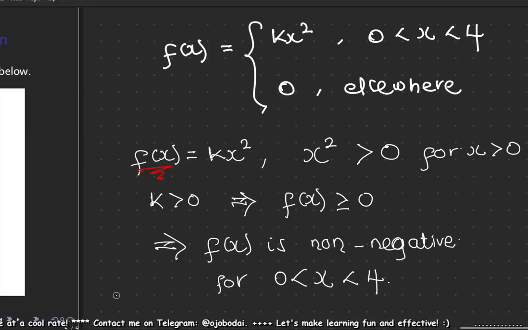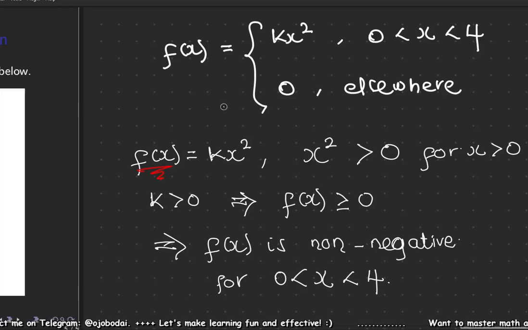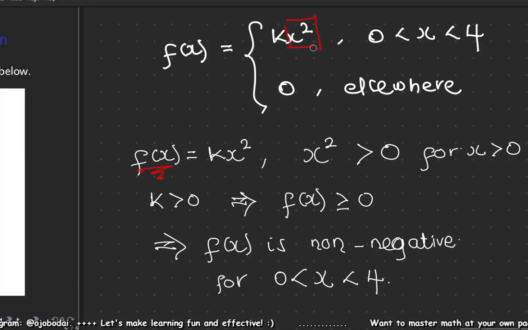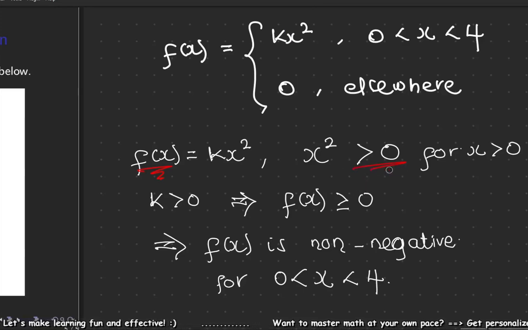Hope it's understandable. All we are trying to do with the first condition is verify that this function is non-negative. What this means is any value we put within the range should give us an answer that is not negative. So we are saying that if we take only x squared out of the whole function, that alone gives us values that are non-negative, especially for values of x greater than 0.